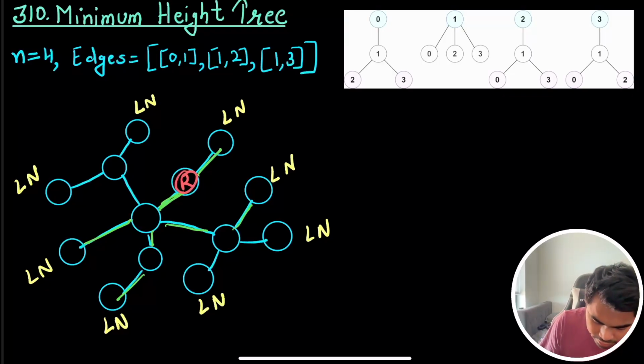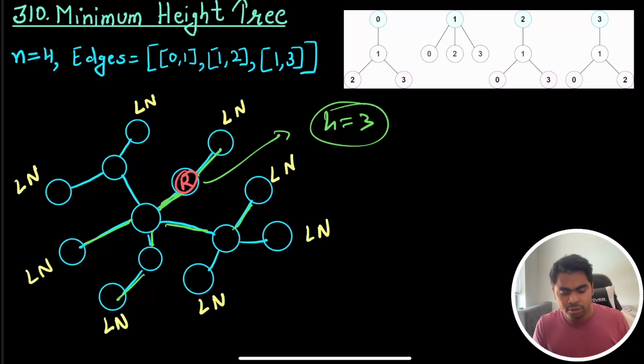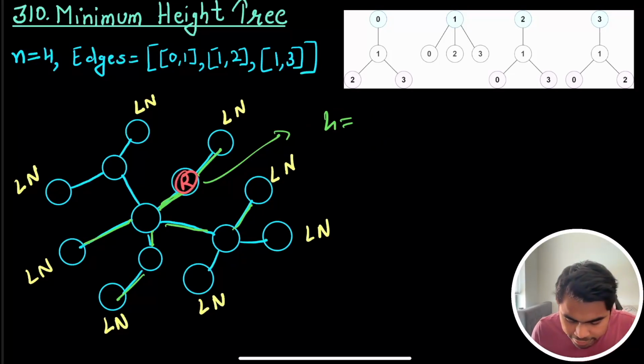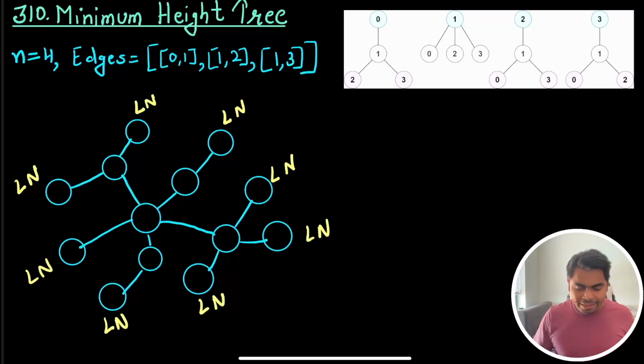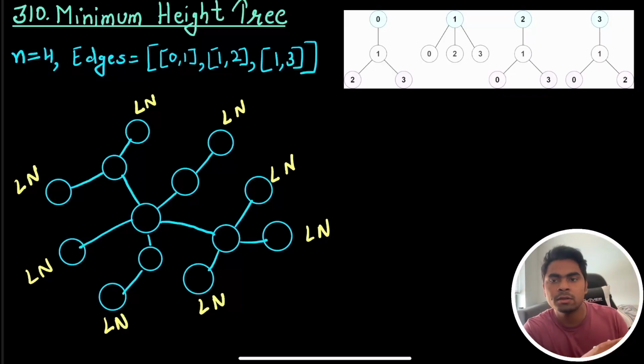So this gives me height 3. These are of course better than choosing something on the leaf. So that is why this approach that I'm talking about is pruning the leaves. And while you are pruning the leaves, you are trying to get closer to those answer nodes that will give you your minimum height trees.